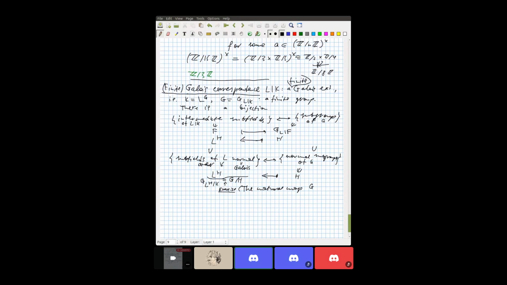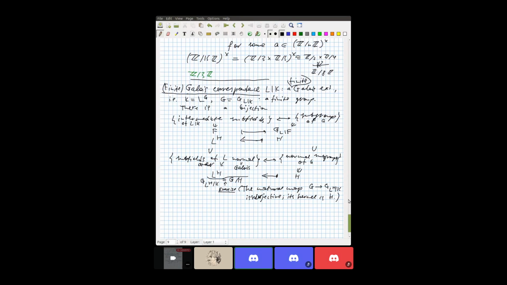All elements of G induce automorphisms of the fixed field, and its kernel is precisely H. So that's how it works.